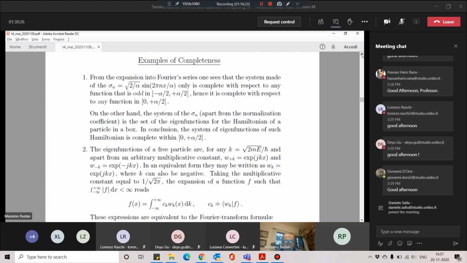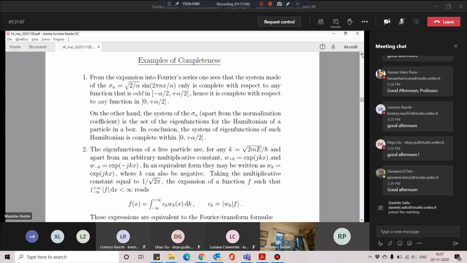We may manipulate the result a little bit by saying, instead of taking two functions in which we consider a positive k and then we put the plus sign in one case and the minus sign in the other case, let's have k take any possible sign, positive or negative, and then let's consider only one form of the eigenfunction, that is exponential of j kx, in which k can also be negative.